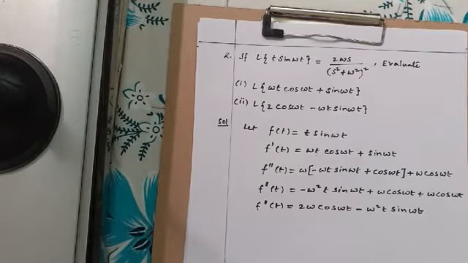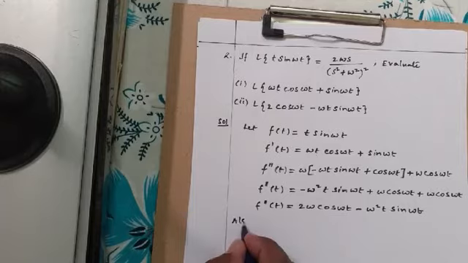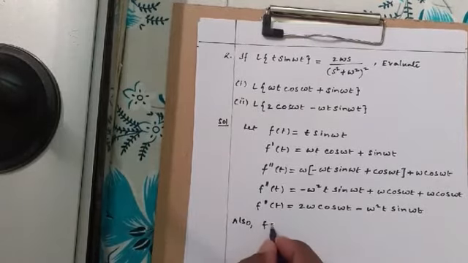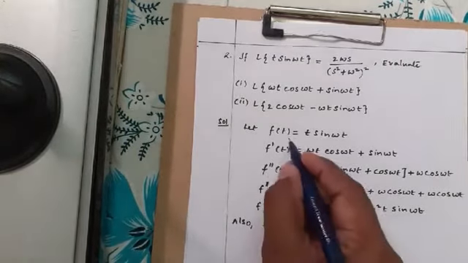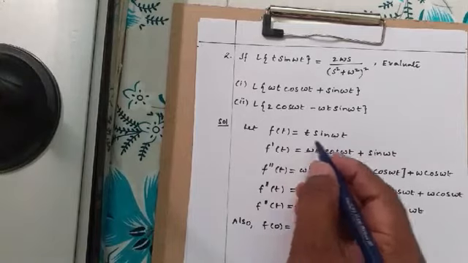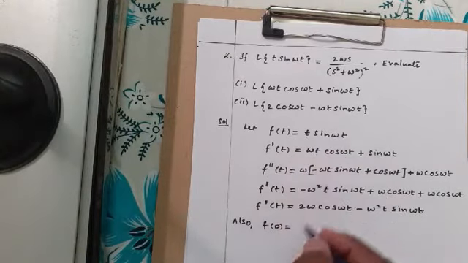So after writing f double dash of t and f dash of t, now I'll put 0 in f of t, f dash of t and f double dash of t. Then f of 0 is equal to, when you put 0 in t here, t into t, 0 into something is 0.